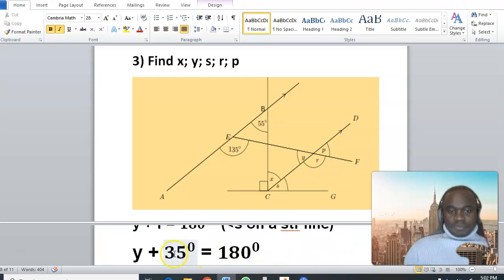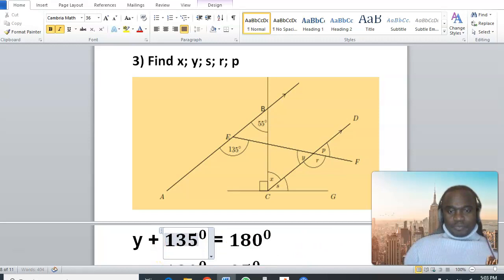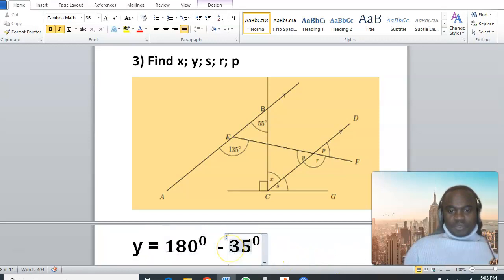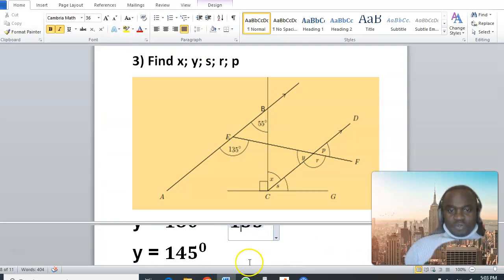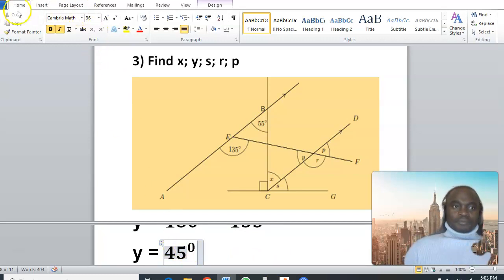So this side must be 135, and this side must also be 135. So 180 minus 135 degrees is going to give us 45. So y is 45 degrees.